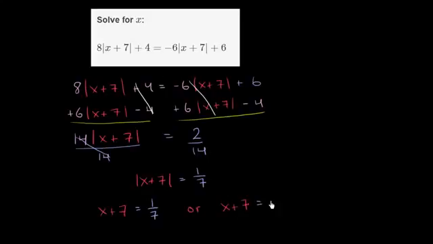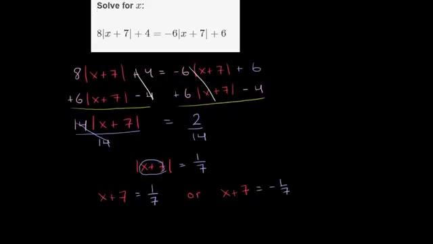And just think about that for a second. If this thing were equal to 1/7, you take its absolute value, it'd be 1/7. If this thing was negative 1/7, you take its absolute value, it would be positive 1/7. So that's how we got this.